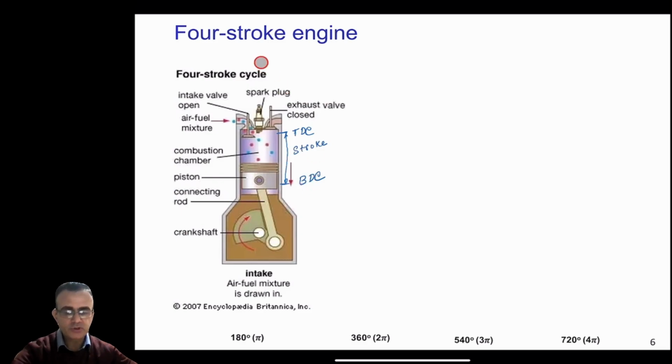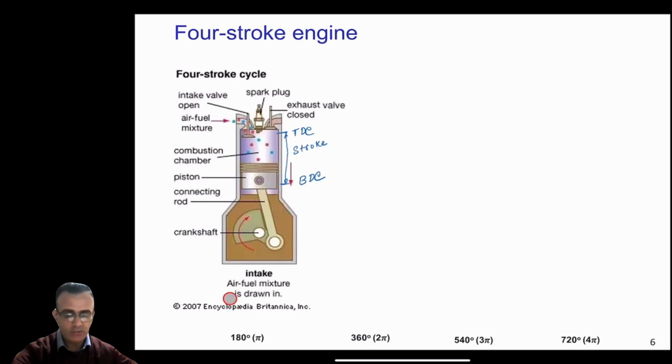For a 4-stroke engine, for one complete cycle, you need 4 strokes of the piston, and these are the main or key parts in a 4-stroke engine.